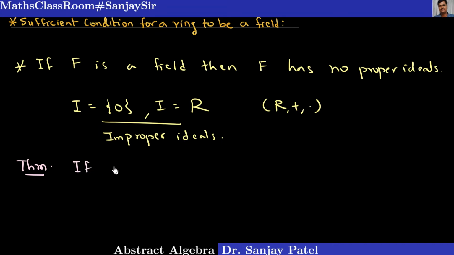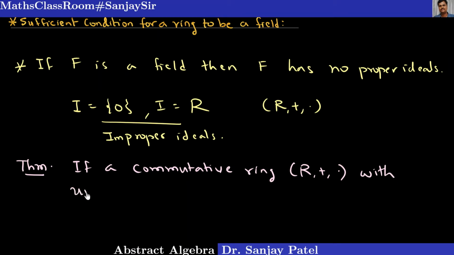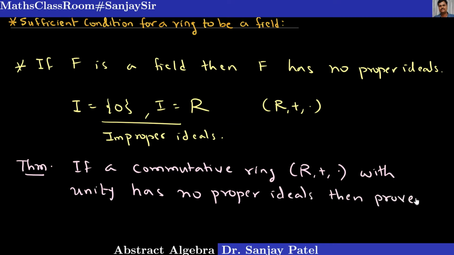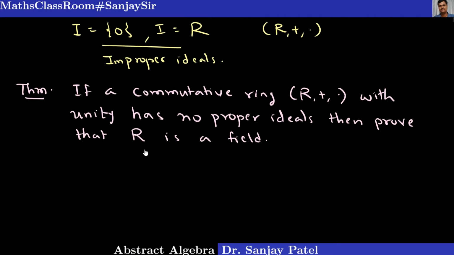If a commutative ring R, +, dot with unity has no proper ideals, then prove that R is a field. So this is actually the converse of the above result: F is a field implies F has no proper ideals. If a ring with unity and commutativity has no proper ideals, then it must be a field. Okay, let us prove this.